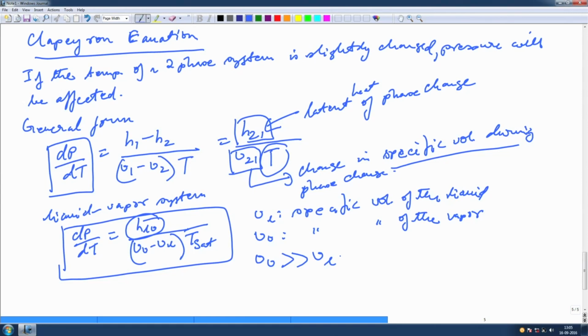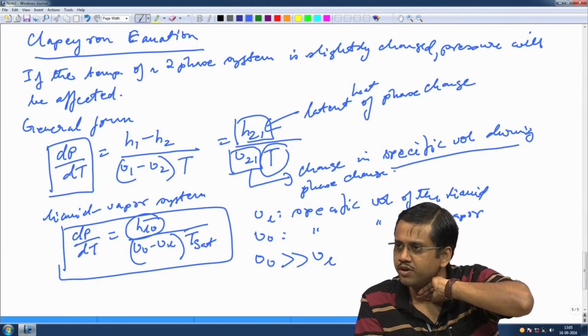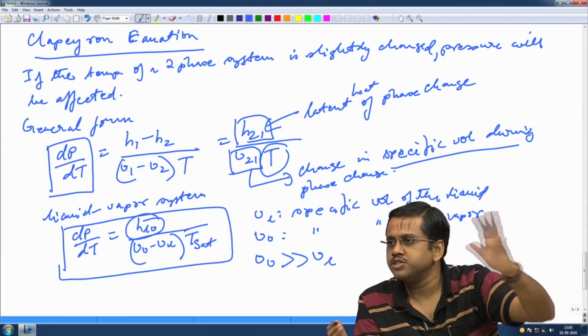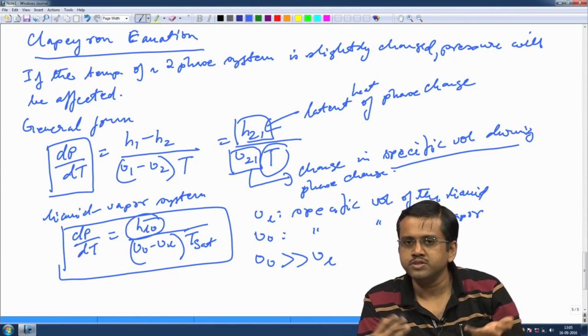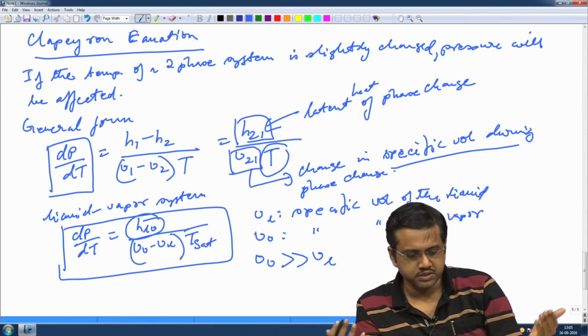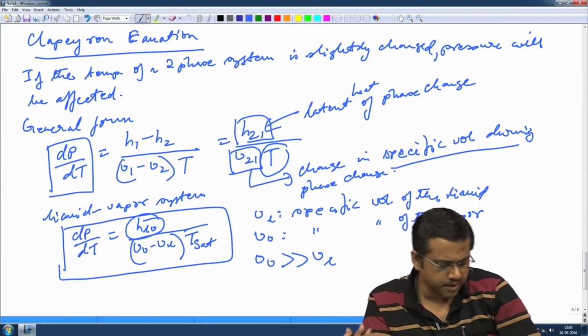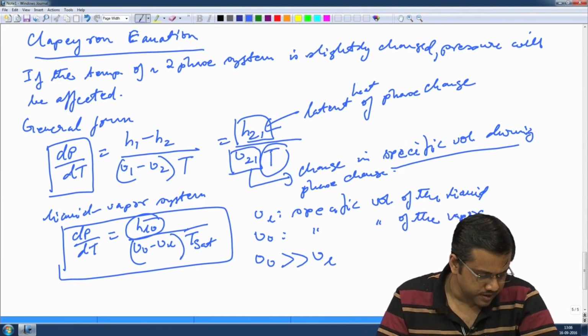That is obvious, because if you take a small drop of water and just vaporize it, because of the severe density change, this being nothing but the inverse of density, the specific volume, the vapor expands almost 1000 times. So, you have a 1000 times change in volume, for example, for water. Similar happens for other types of fluids as well.